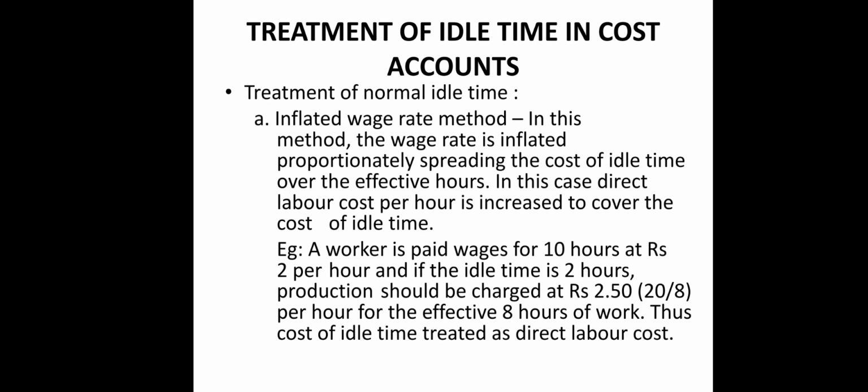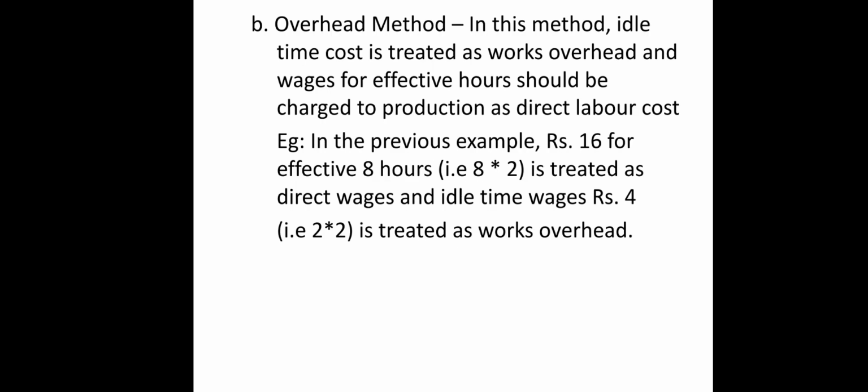When we were told that 2 hours is idle time, what did we understand? That 8 hours is the effective working hours. So you do 20 divided by 8 and that will give you 2.50. That is the inflated wage rate method. Okay, the idle time is treated as direct labor cost in this method. And this method is not very widely used, as it is not found to be very accurate.